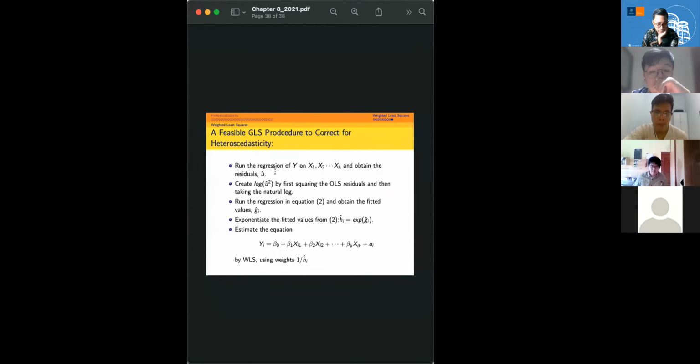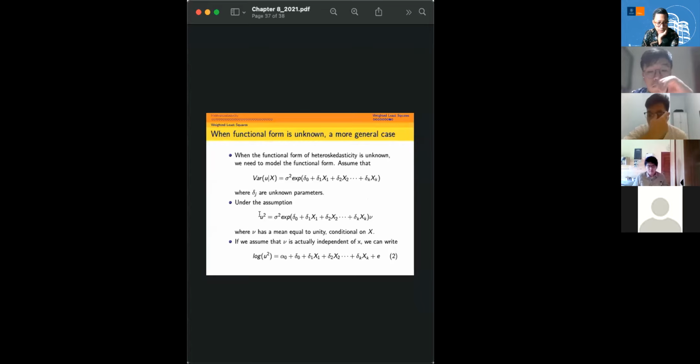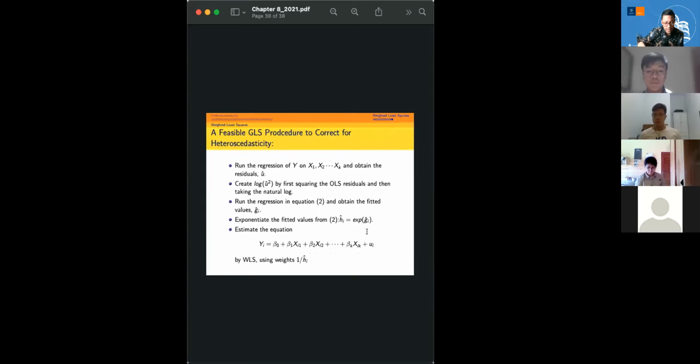Recall that here we assume that the heteroskedasticity is caused by this exponential function. Given this exponential function, we do a log transformation, and then we estimate delta 0, delta 1, delta 2, up to delta k, and use that as a weighting for the model.